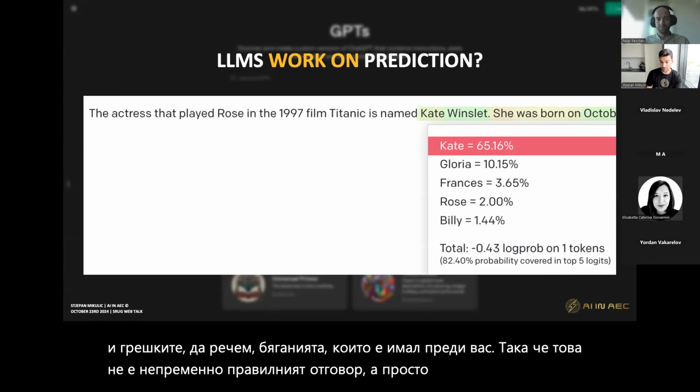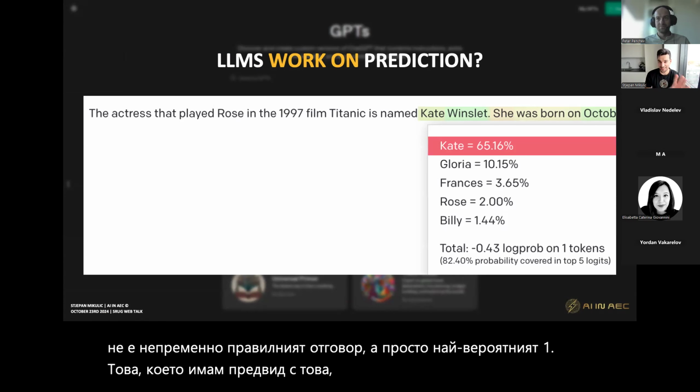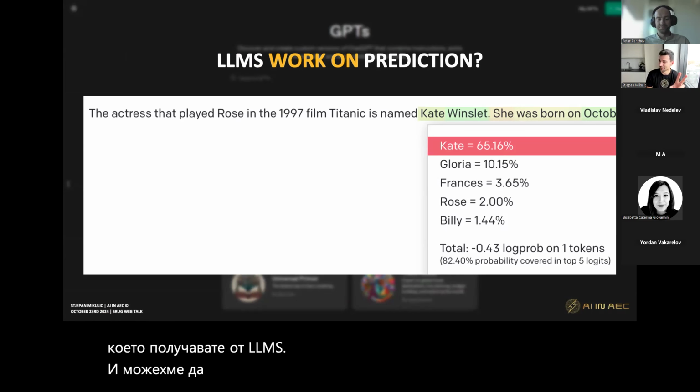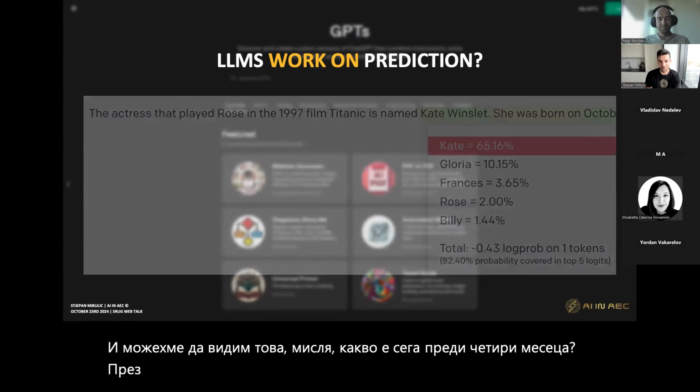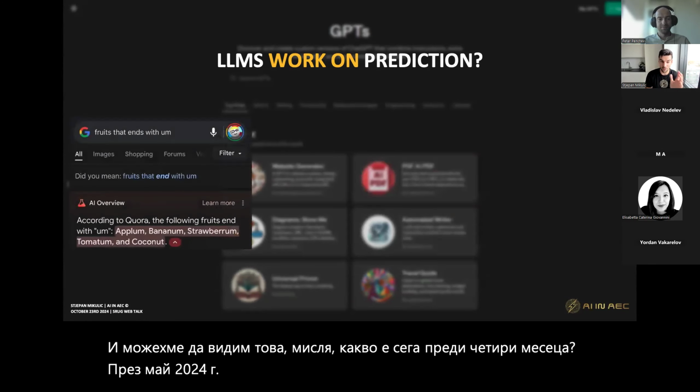So what I mean by that is that you really need to be careful with what you're getting from LLMs. And we could see this, I think 4 months ago, in May 2024, when Google released their AI Overview.